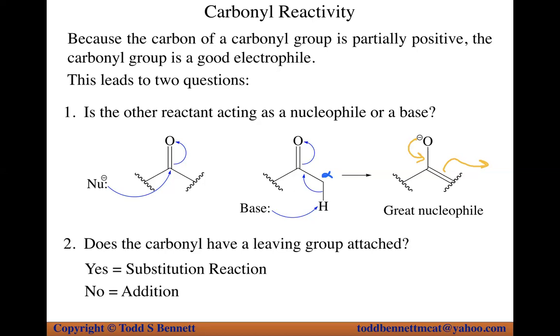But if there is no leaving group, then you end up adding the nucleophile to the carbon and a hydrogen to the O. And so you end up getting an OH group and then some new group attached. So you may just think about sodium borohydride or lithium aluminum hydride, AlH4. That's a negative.